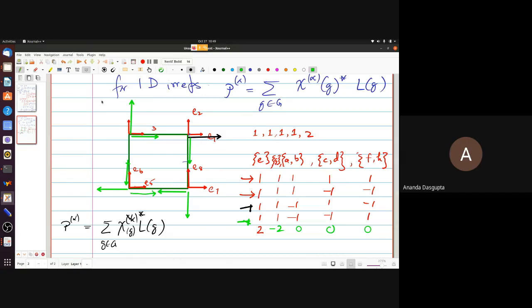So maybe I will just get rid of all these extra green lines. Okay, but that's too little information.